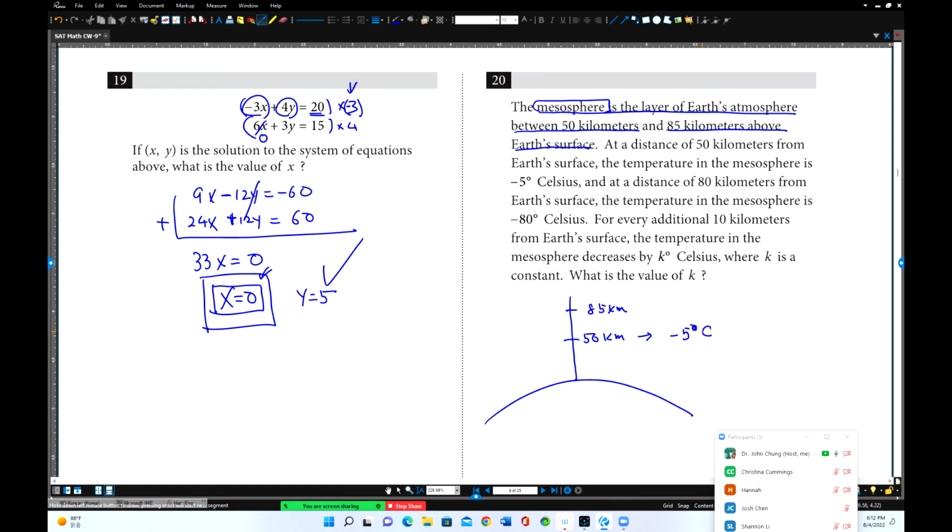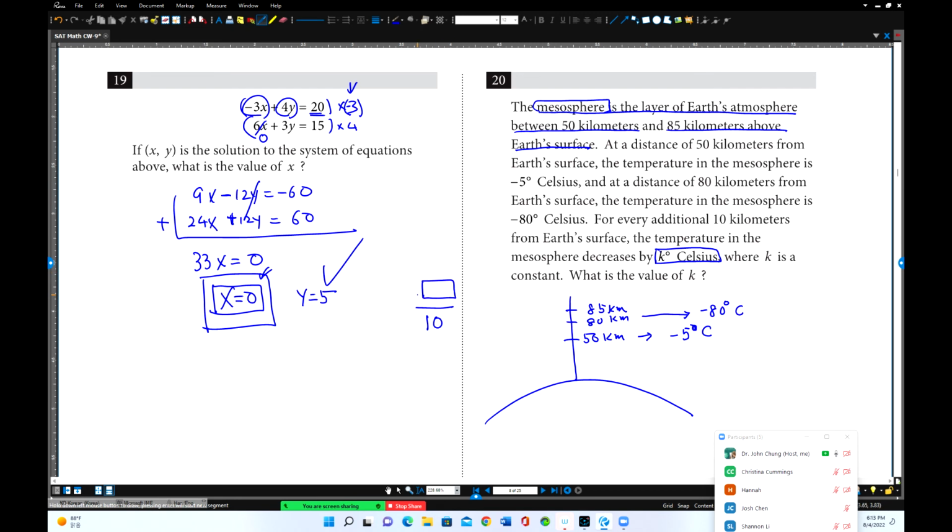At a distance of 80 kilometers from Earth's surface, the temperature will be -80 degrees Celsius. For every additional 10 kilometers from Earth's surface, the temperature in the mesosphere decreases by K degrees Celsius.